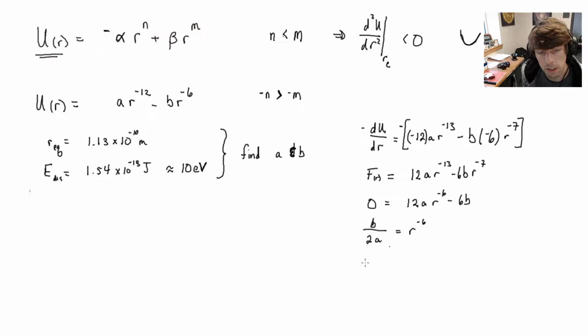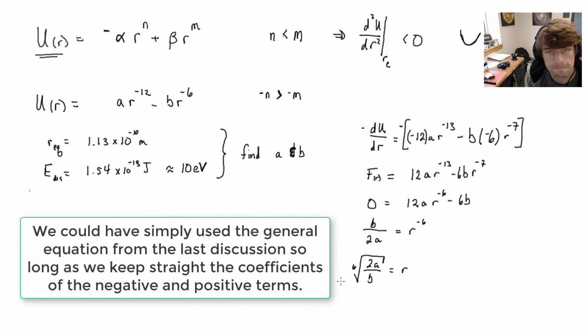Or, getting rid of the negative, we have 2A divided by B, square rooted, equals r, 6th rooted. You may say this looks a little bit different, because in the last expression, alpha represented the term with the negative sign, and beta represented the term with the positive sign.